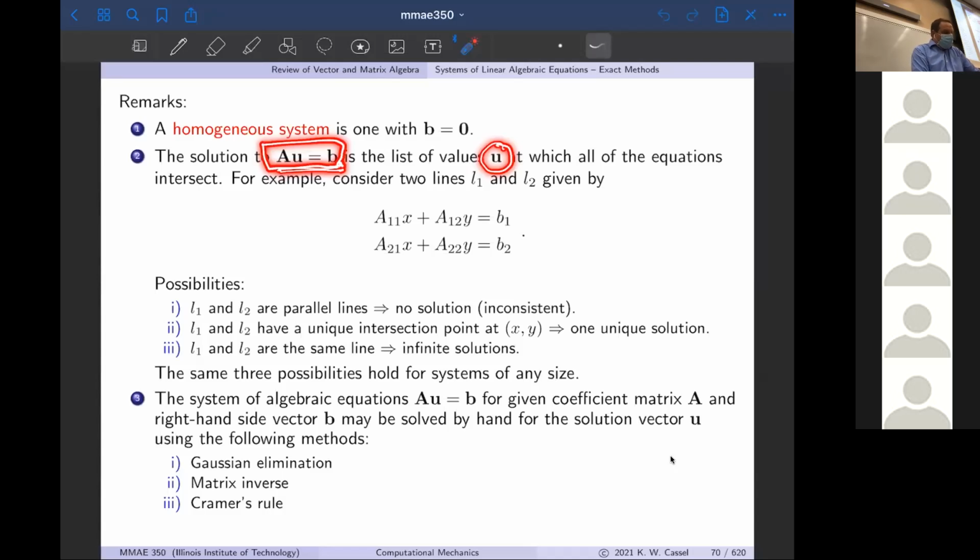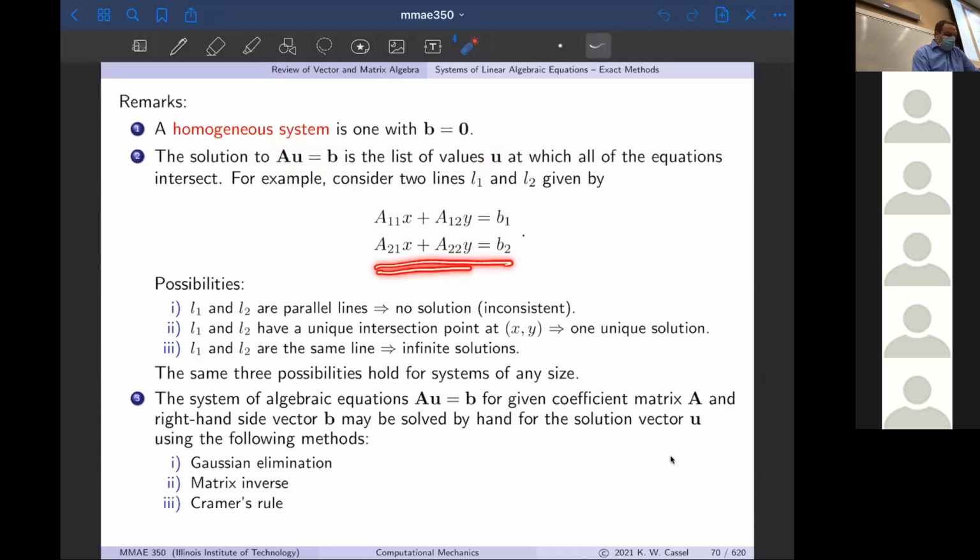So you'll see situations where, in fact, the truss example, we had, I think, 10 equations for 7 unknowns, and we discussed the reason for that. But in any case, what we're looking for are the values of U for which all of these equations are satisfied simultaneously.